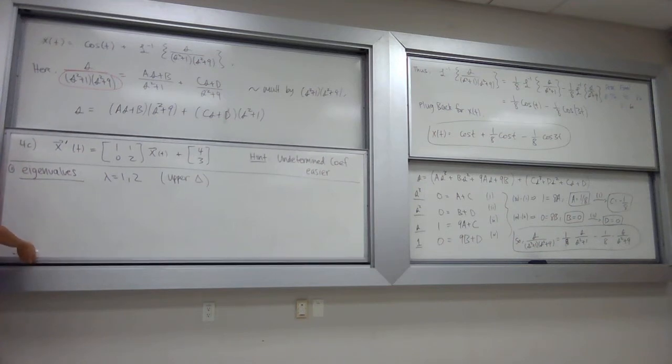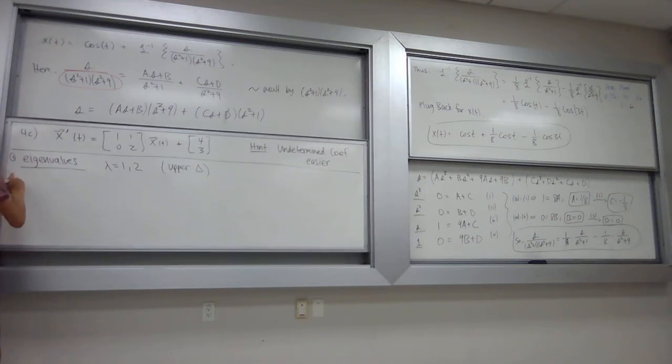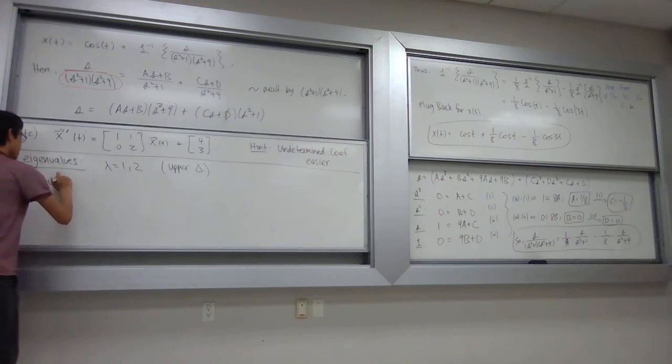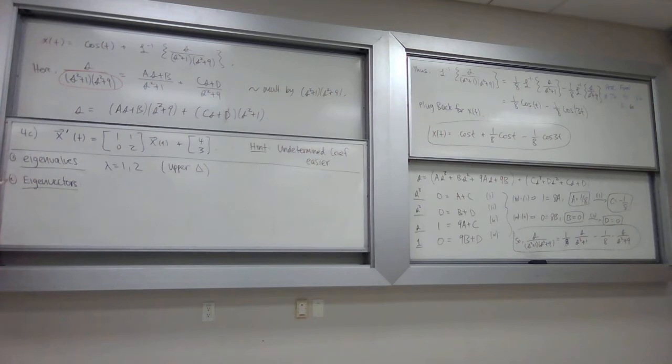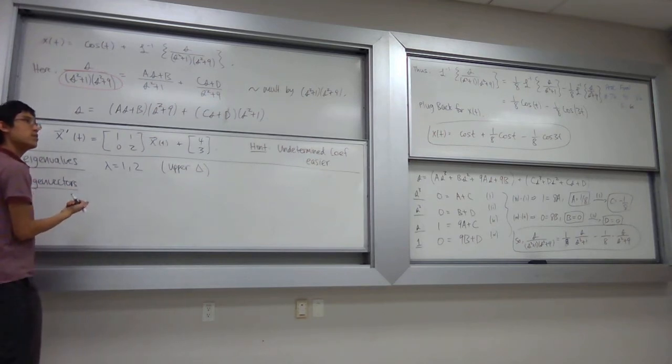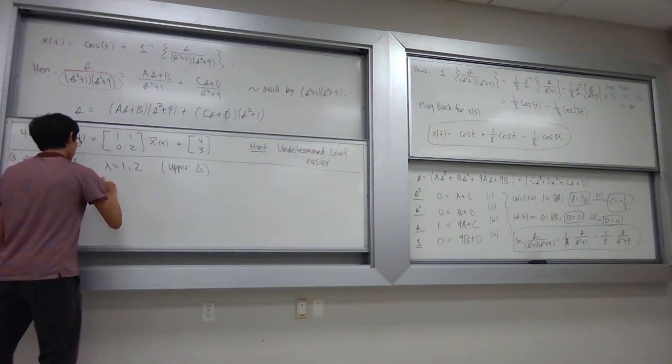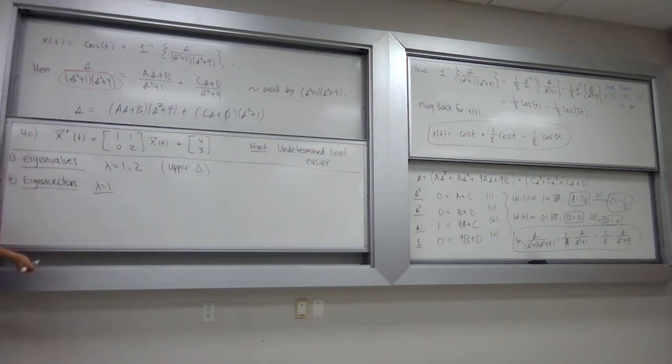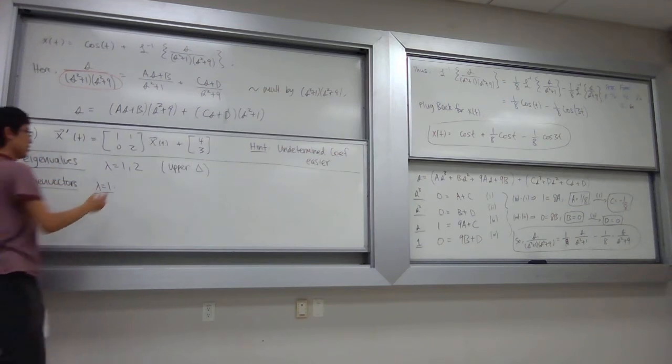Next, we need the eigenvectors for each. So like, lambda equals 1. For lambda equals 1, what we do is solve A minus lambda I times v equals 0, 0.